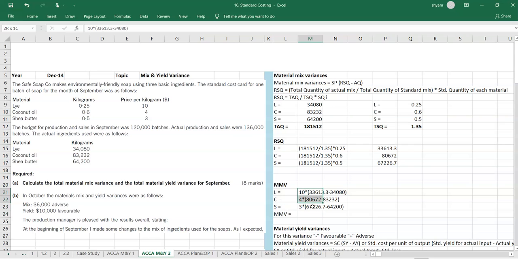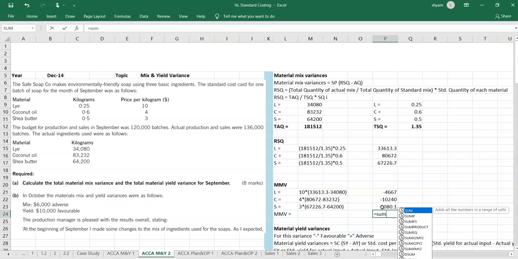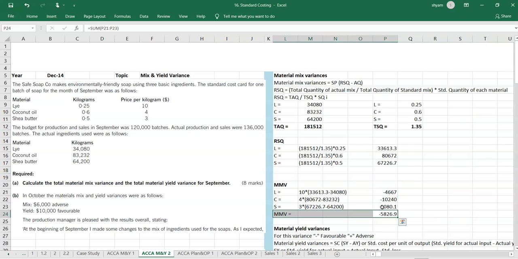So we have worked out all the numbers. So this is our final answer.